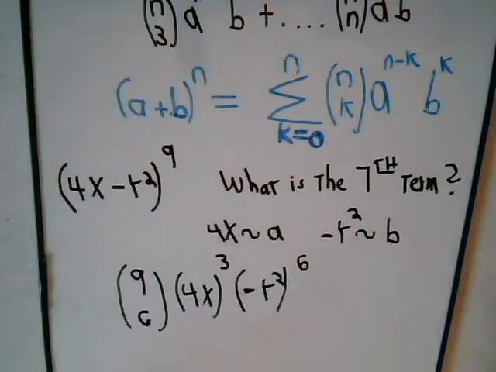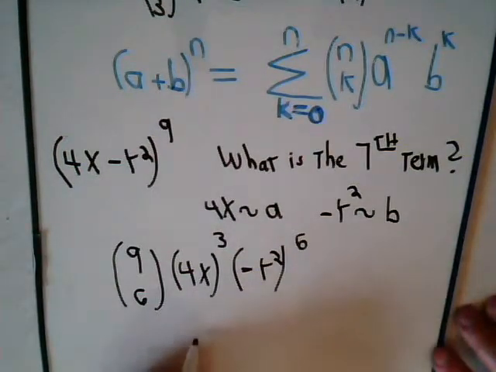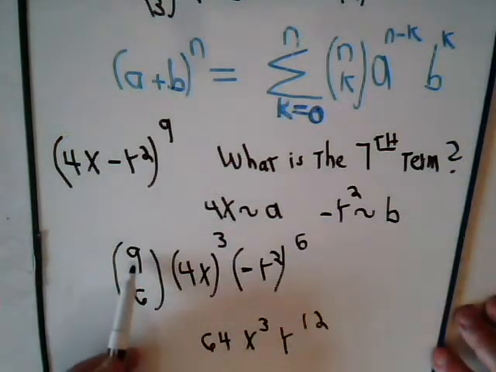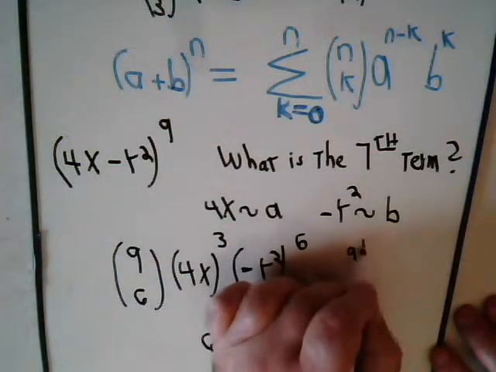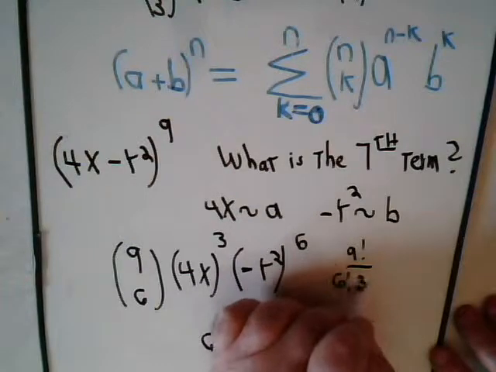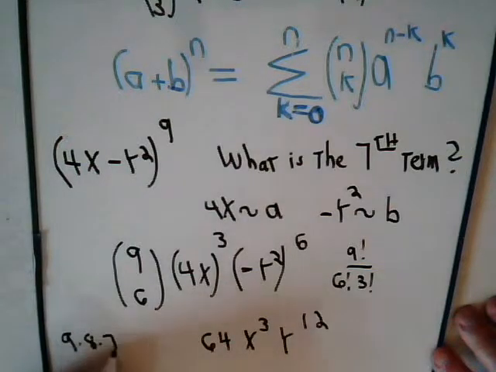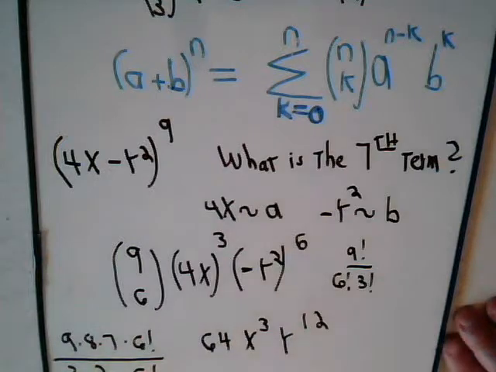And let's see. This would be 64 times x cubed. This would be y to the 12th. And for here, we're going to have 9 factorial over 6 factorial times 3 factorial. So that would be 9 times 8 times 7 times 6 factorial divided by 6 factorial and 3 factorial, that's 3 times 2.